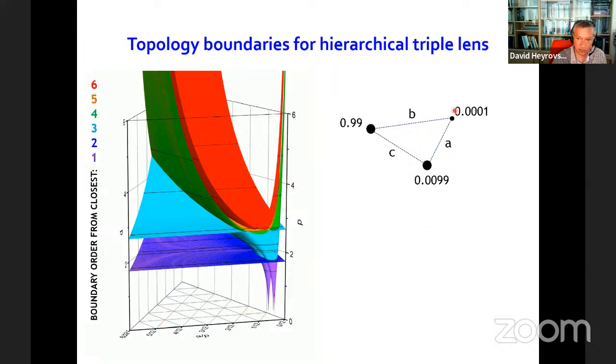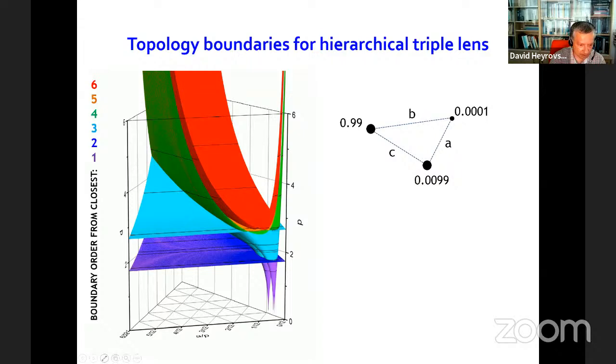But the regime where this low mass thing, this moon, is close to the planet, is when A is small, and that is exactly this region of the parameter space. So this part of the parameter space, where you can see most of the structure, corresponds to the regime where you really have a star with a planet with a moon.